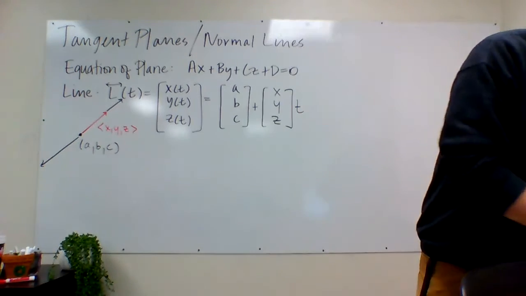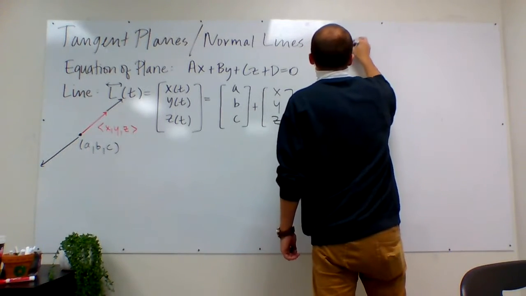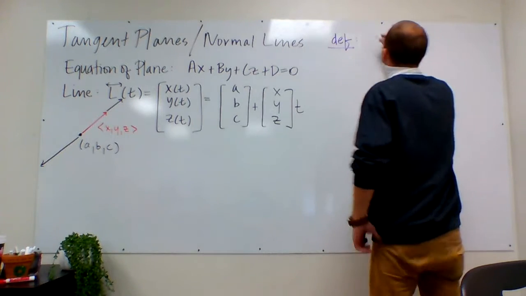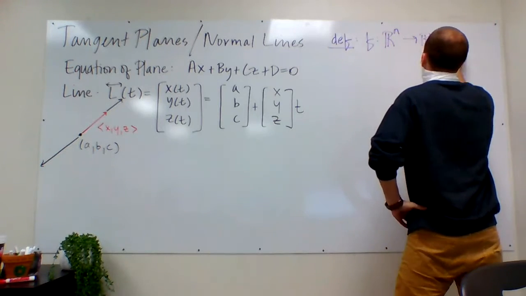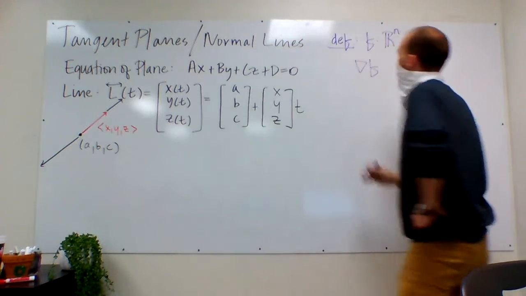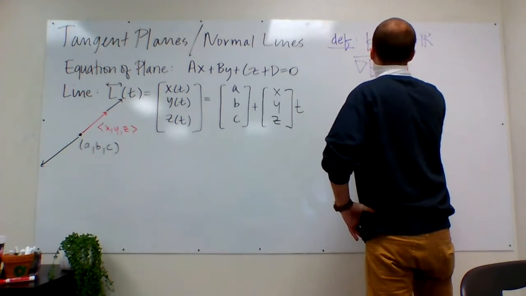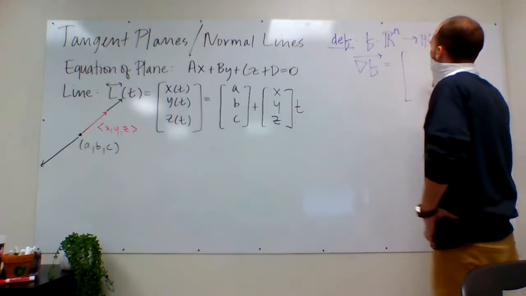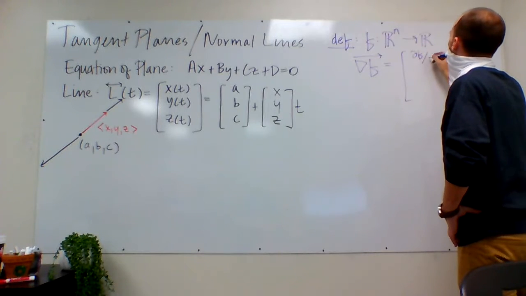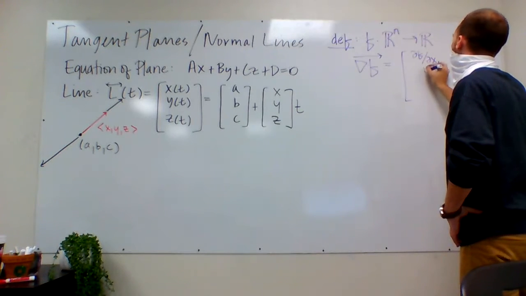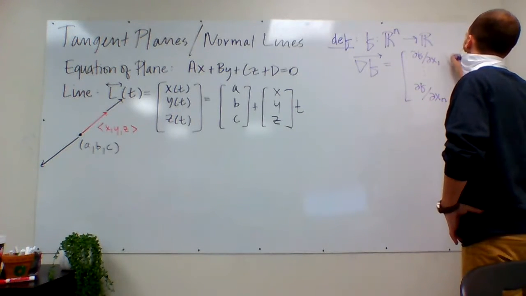Okay, now I'm going to tell you about the gradient. Let f be a function that takes R^n into R. Then the gradient of f, which we use an upside down triangle for, is the vector composed of all of the partial derivatives: the partial of f with respect to x1 all the way down to the partial of f with respect to xn.